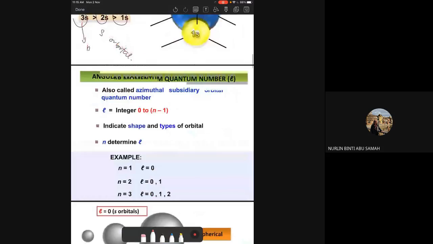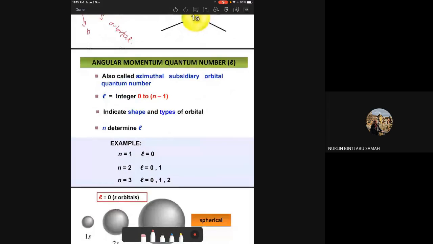Okay, now we go for angular momentum quantum number. So this is the azimuthal, subsidiary, orbital quantum number. So L is integer. You must remember this. L is integer, 0 until n minus 1. Okay. For example, when you have n equals to 1, so L will be 0. So here, what you can understand is that the L value must equal n minus 1.